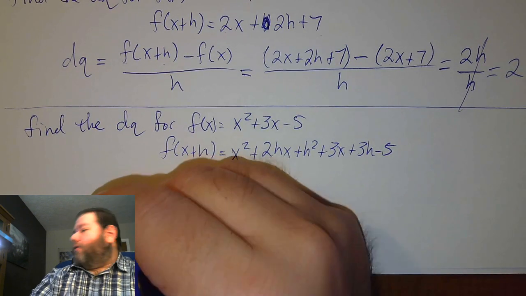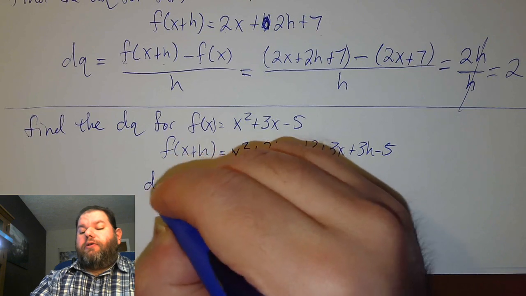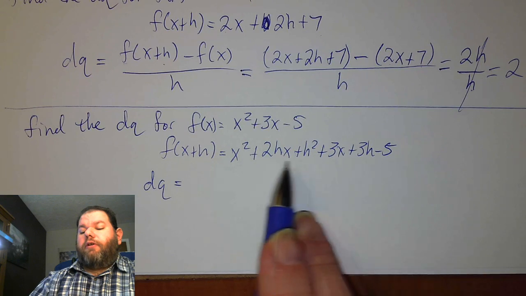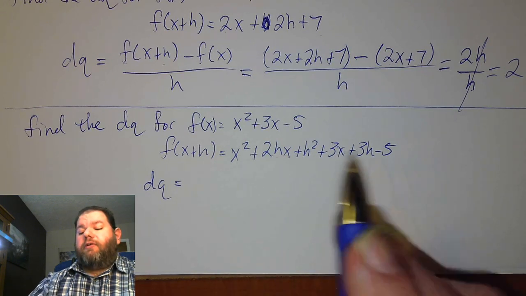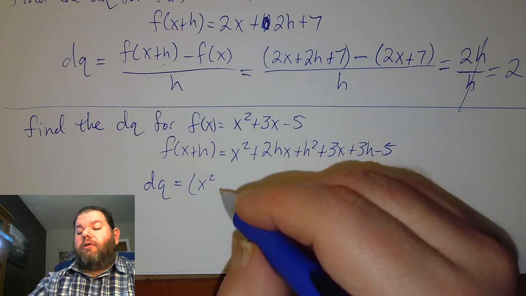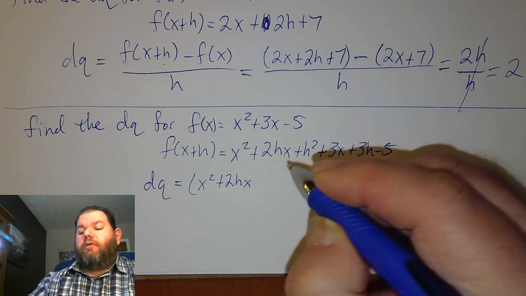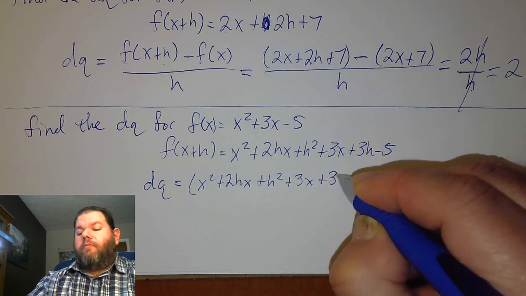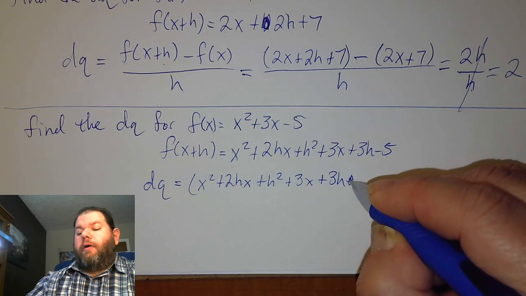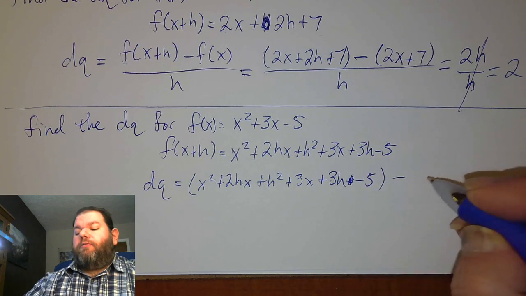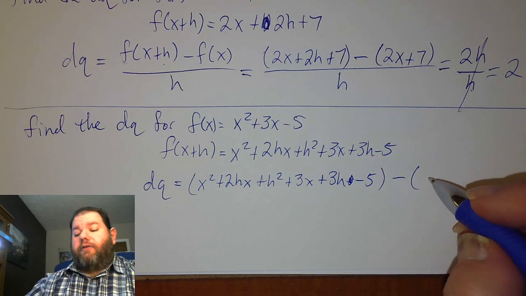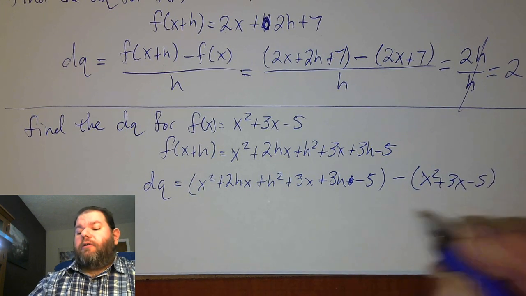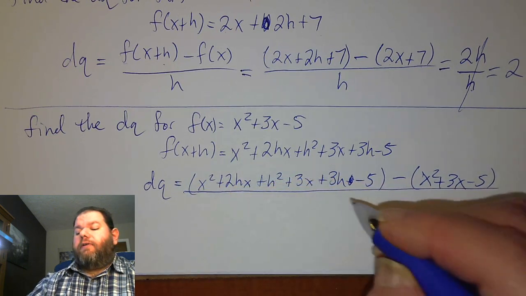Okay. So for our difference quotient, take all of f of x plus h first. Minus 5. Subtract, and then we put in f of x, which is just the function that we started with. And the whole thing is divided by h.